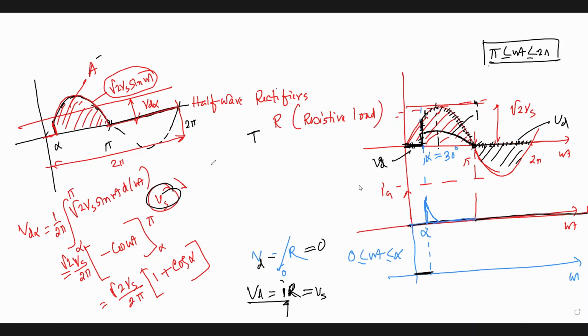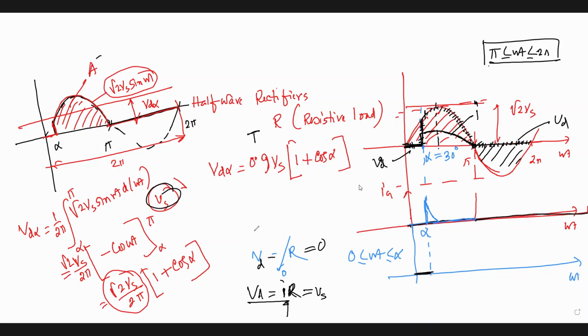Okay, now Vd alpha is coming as, if you calculate this, 0.225 Vs times 1 plus cosine alpha. Root 2 by 2 pi is what? I think it's 0.45, right?